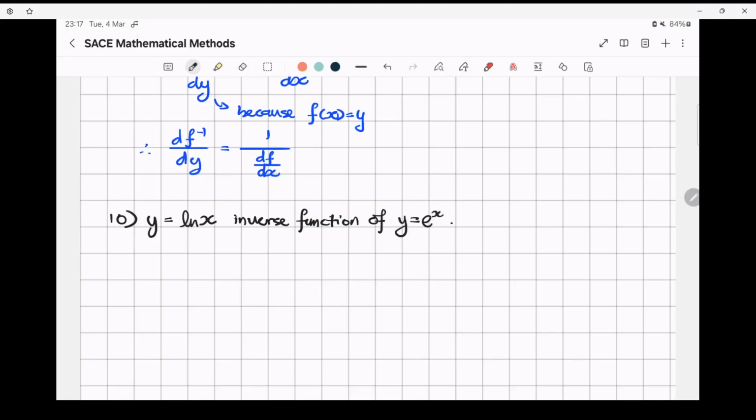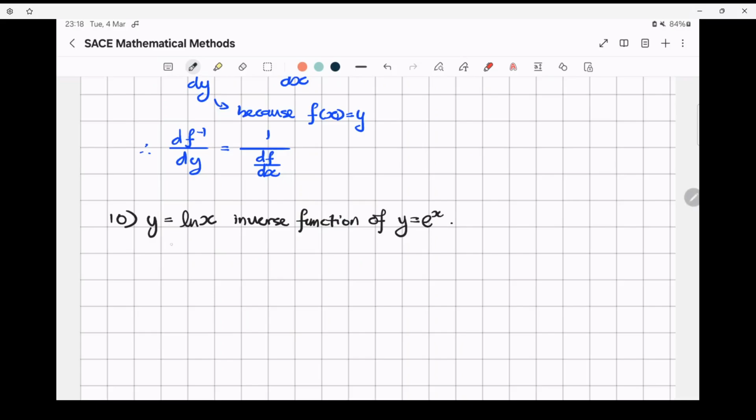So instead of finding the differentiation of ln x by first principle, we can make use of y equals e to the x, because we already know the derivative of y equals e to the x, and find out what is the derivative of y equals ln x.